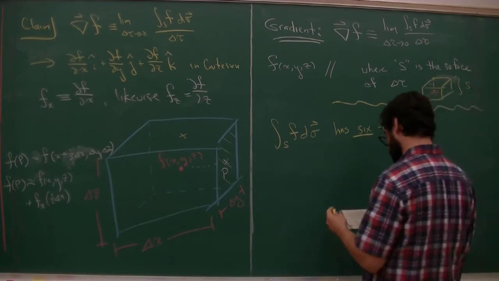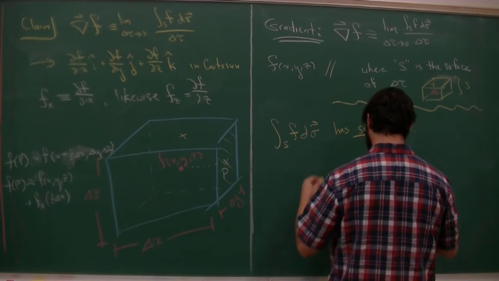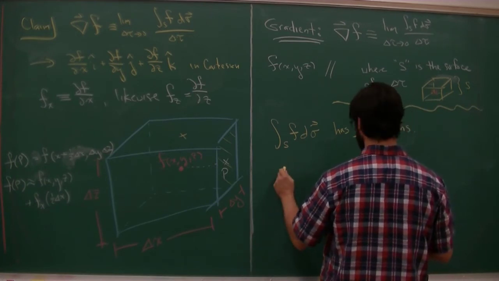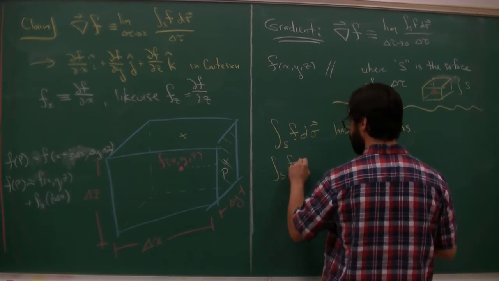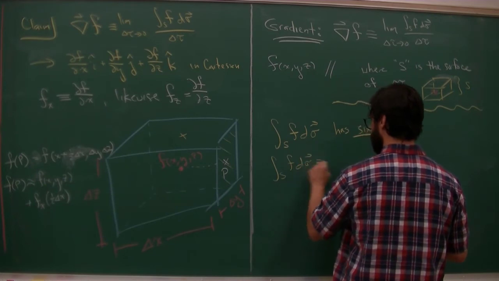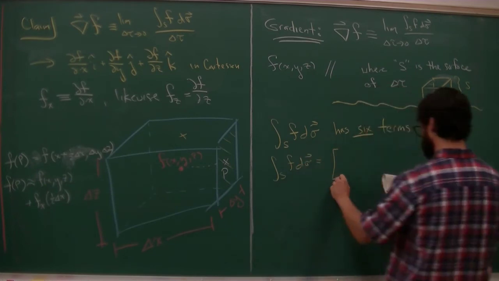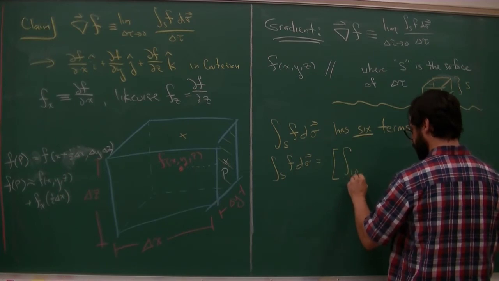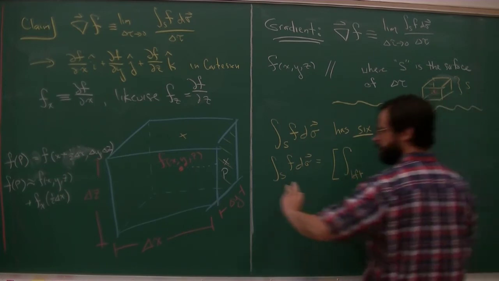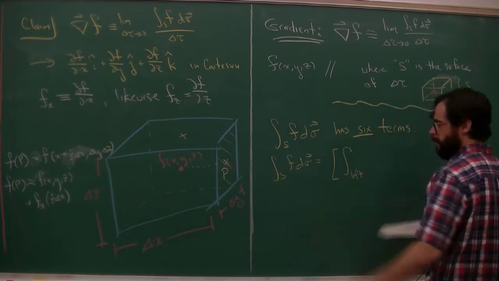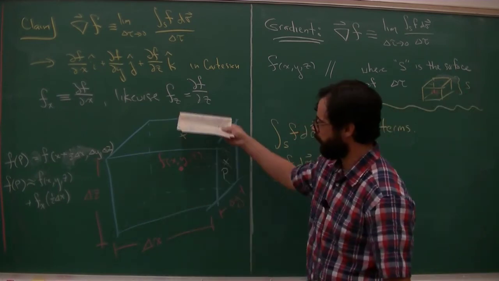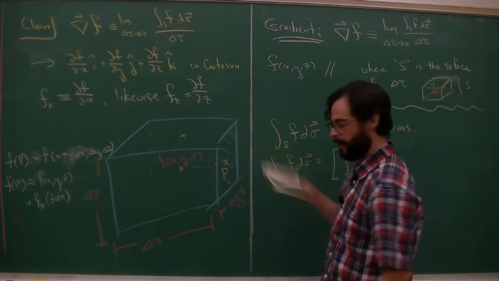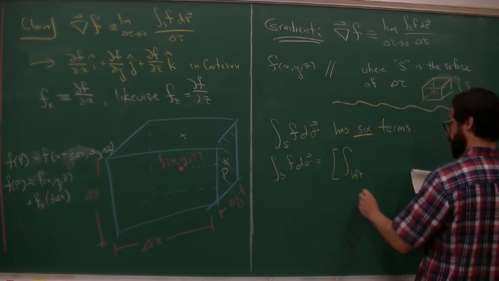They all rhyme, so I'm only going to write parts of them. Call this left, so this is the left panel. You've got a left panel, a right panel, a top panel, a bottom panel, a front panel, and a back panel.